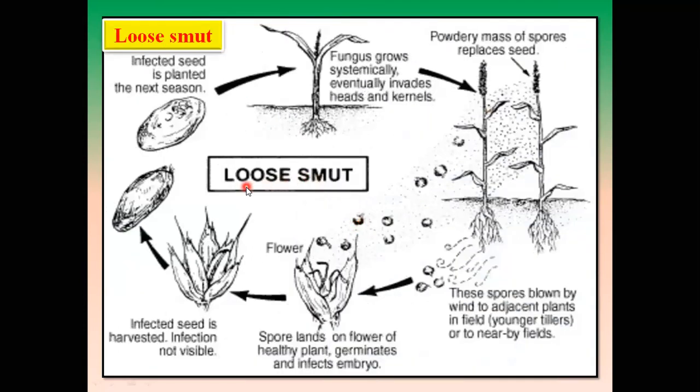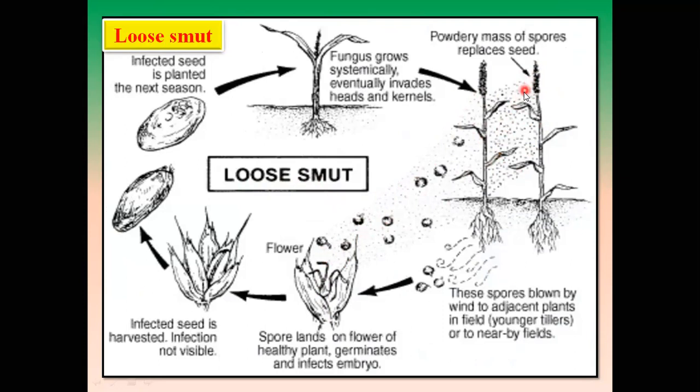Okay, then loose smut. This is the infected airhead of the sorghum plants. This infected airhead has smut spores, and these smut spores are easily blown and fall on the jowar plants at the time of flowering.